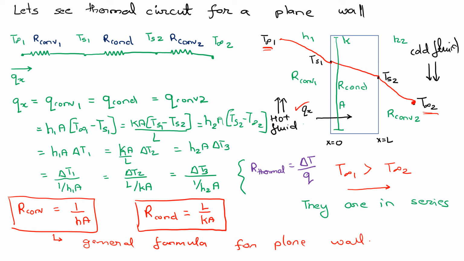Okay, so this is how we understand a problem, draw the electrical circuit for it, and identify the thermal resistances in the system. In our case we'll have two resistances due to convection and one resistance due to conduction.